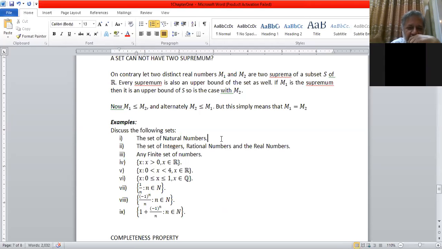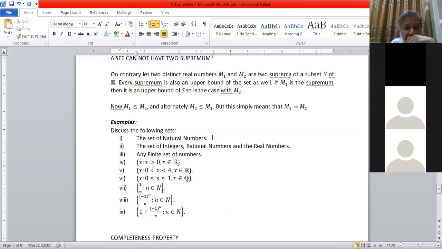Infinite, because there are infinite natural numbers 1, 2, 3, 4, 5, 6. They are not continuously placed on the line, but they are infinite. What about the integers? Infinite. Coming back to natural numbers, is the set of natural numbers bounded above? No, because can you find a finite number so that every natural number is less than that? It is not possible.